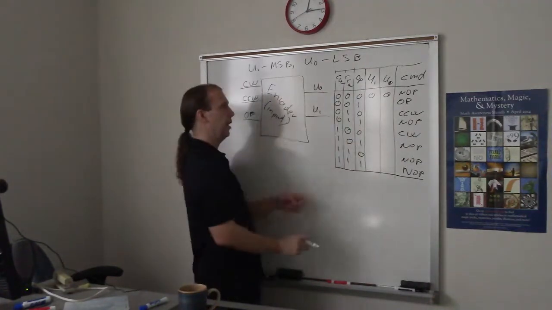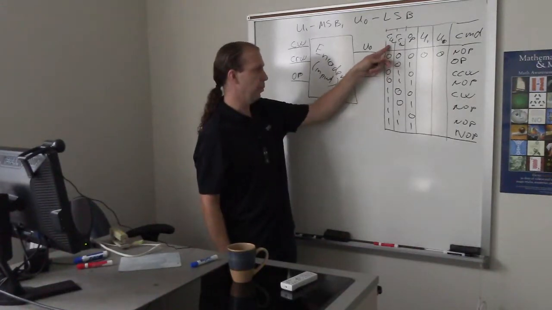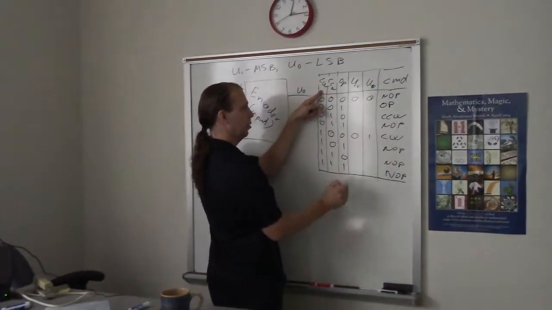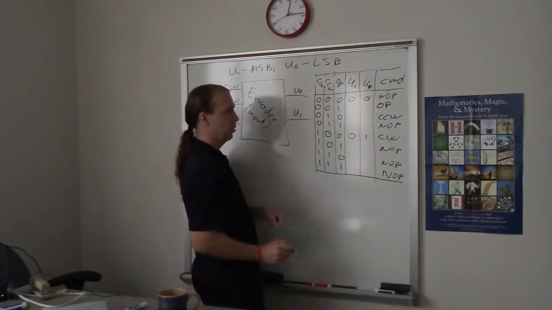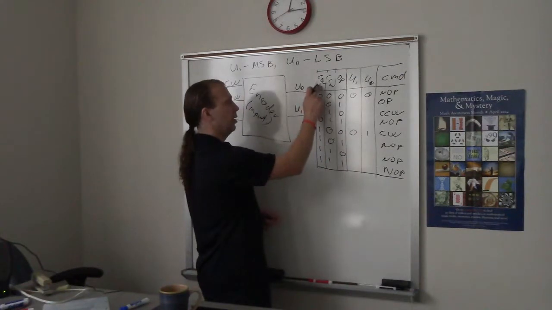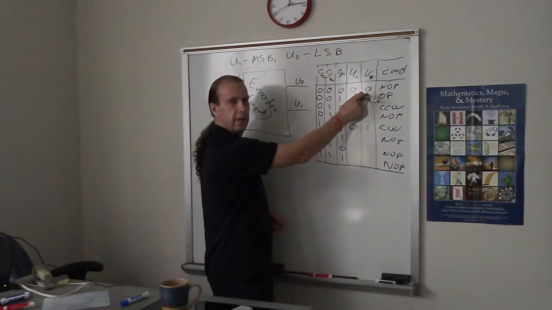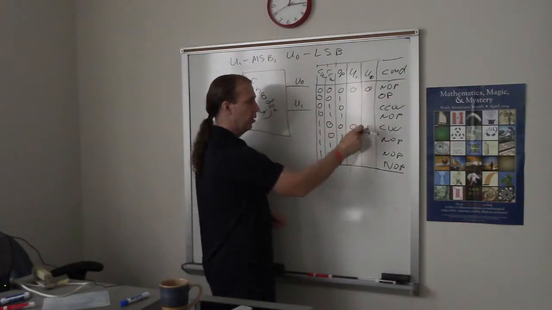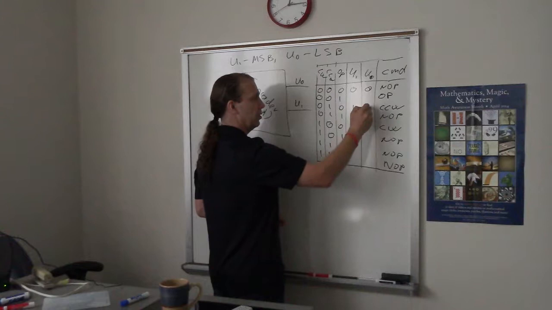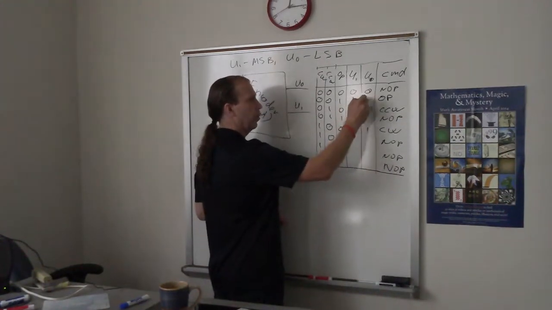I want to keep the same order as here, so CW will be 0, 1. It's up to us how to assign the numbers, but CW is the first in order. I already have taken 0, 0, so CW then will be followed by CCW, and then OP, 1, 1.